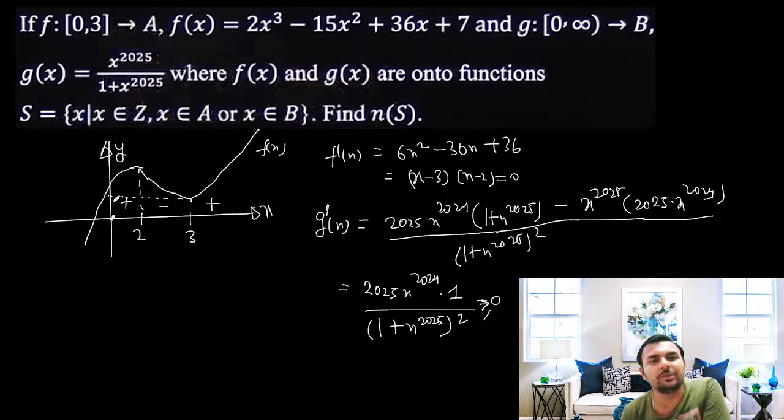So 1 will be going somewhere here, and it will be less than that, going to 0 as x is negative.